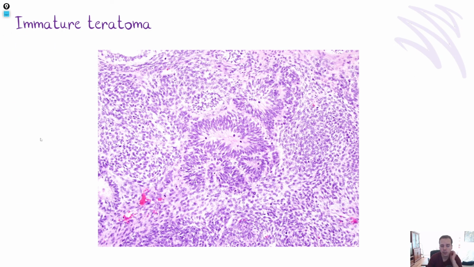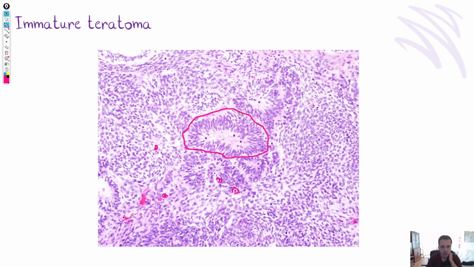And this is the immature teratoma. So if you find this in teratoma, we should call it immature one. And this is immature nervous tissue. All those small dark cells, they are basically neuroblasts. So they are very immature neural cells. There is a mitotic activity, as you can see. And you can see that the cells tend to form something that resembles primitive neural tube, which is also quite typical for these regions.